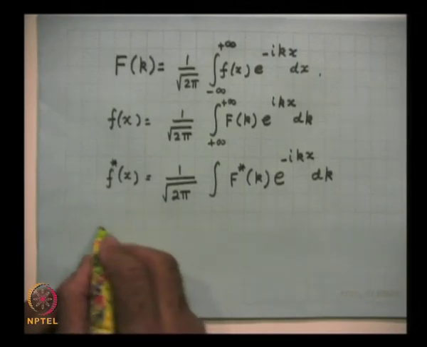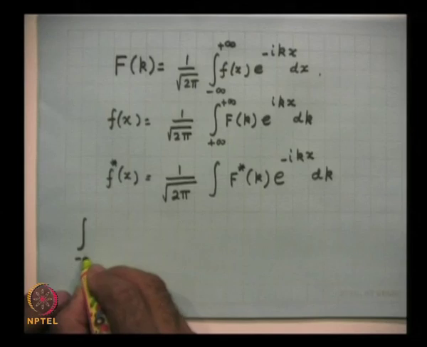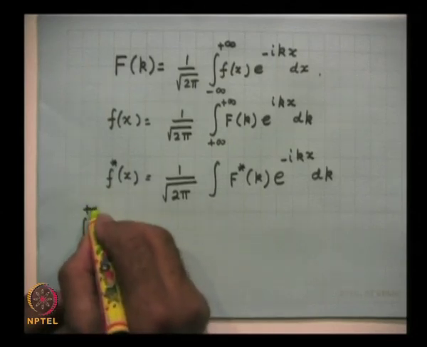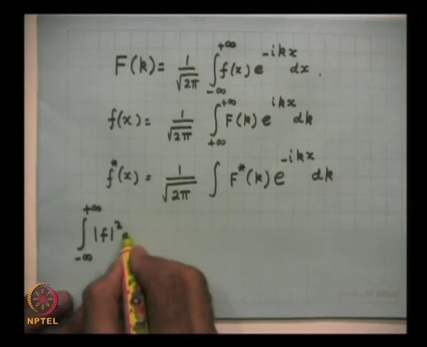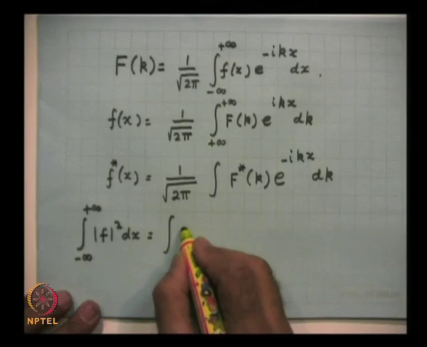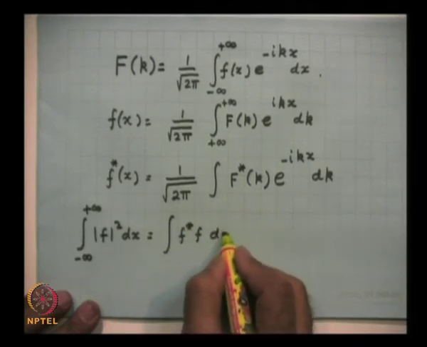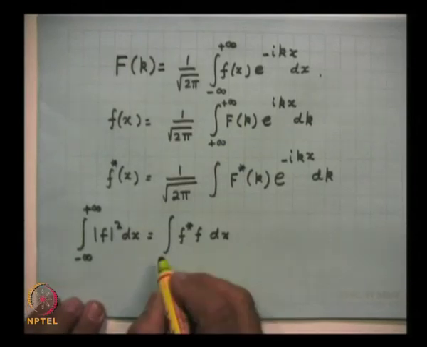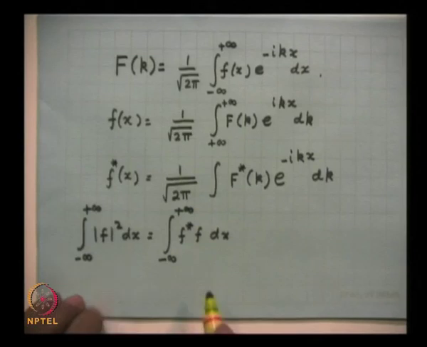Now, what I want to evaluate is the integral from minus infinity to plus infinity of mod f square of x dx. So, this is equal to the integral of f star times f dx. Please see, this is slightly cumbersome, but very straightforward.